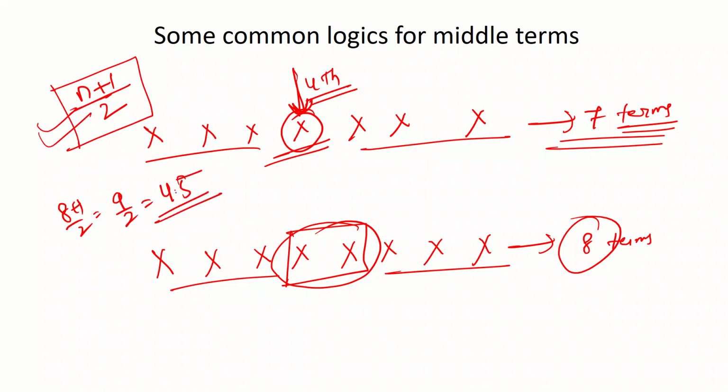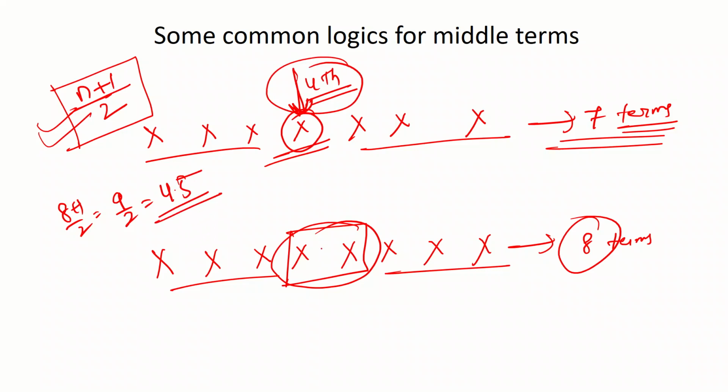So remember that whenever n is odd, you will be getting some integer, and that will be your rank. But whenever you put n as an even number, you'll be getting something point 5, like 4.5, 5.5, 6.5, something like that. Whenever you are getting something like this, then there are 2 middle terms.